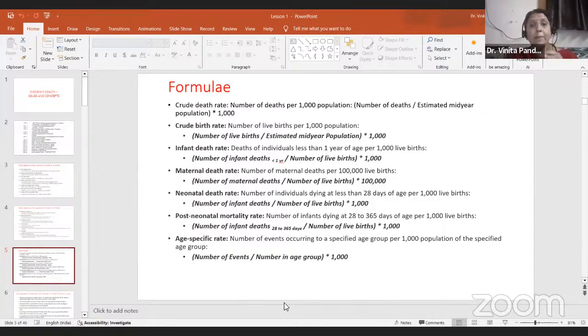So just to give you an example, here is how crude birth rate is calculated. The formula is number of live births divided by estimated mid-year population in that particular year, multiplied by 1,000. Similarly, for various other concepts like neonatal death rate or post-neonatal mortality rate, we have different formulas to calculate and arrive at those particular statistics.